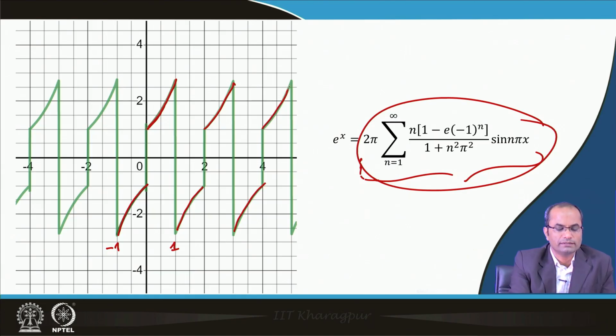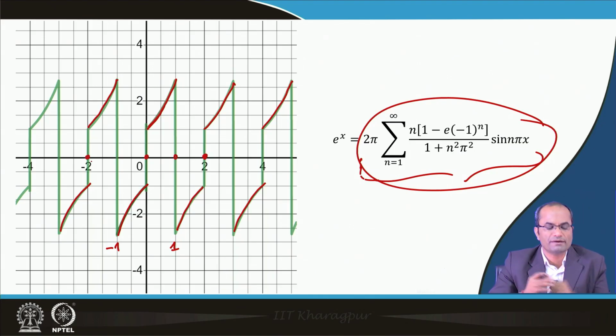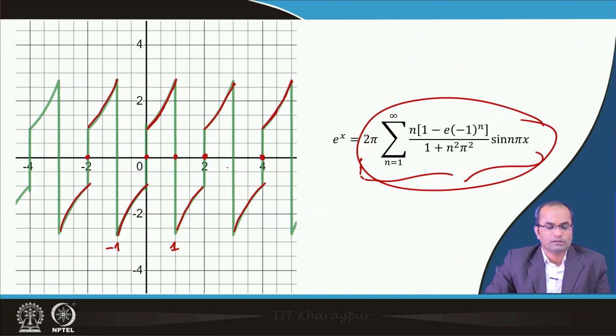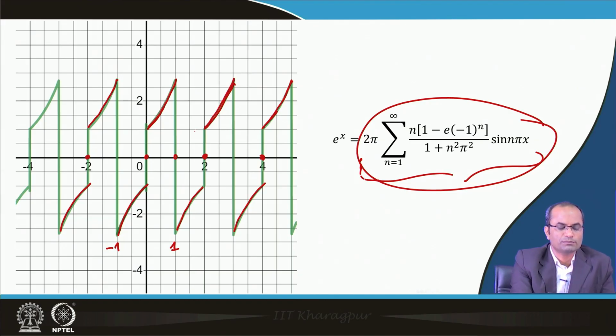So, here again and this one and so on. So, that will be the Fourier series, and in the middle it will always pass through 0. At the point of discontinuity it will converge to the average value, otherwise for any other value of x it will converge to exactly this exponential function.